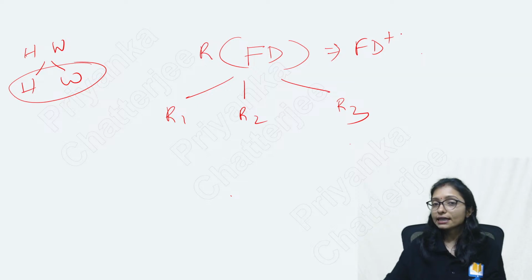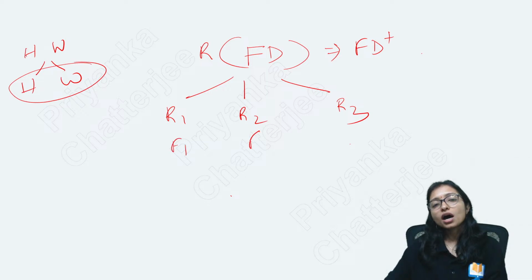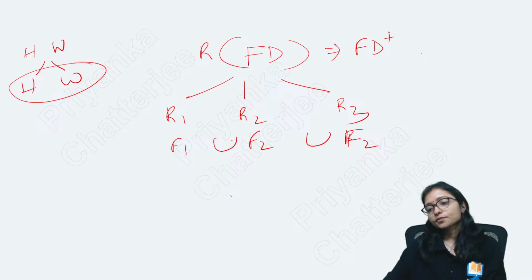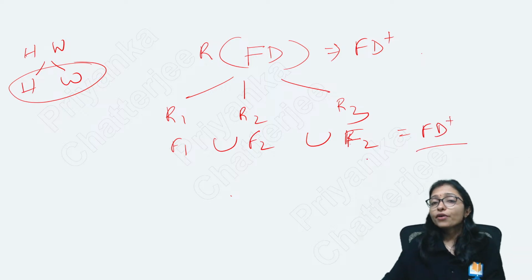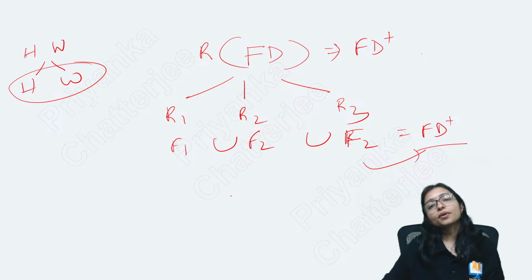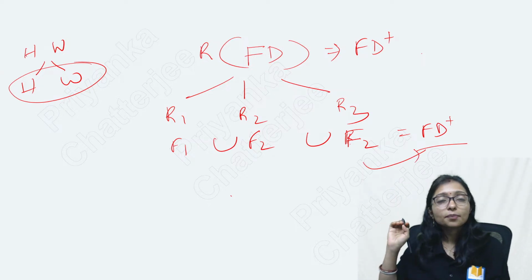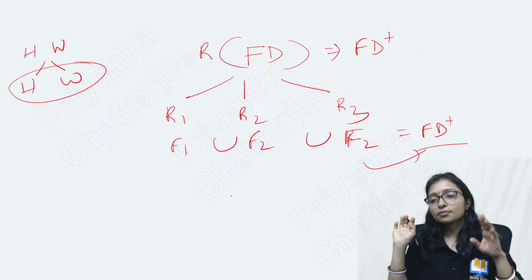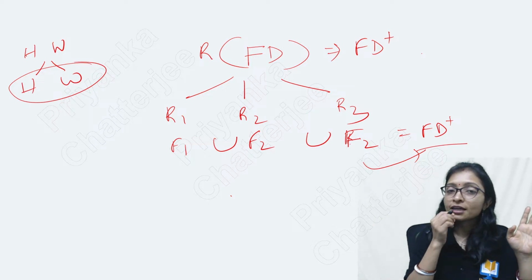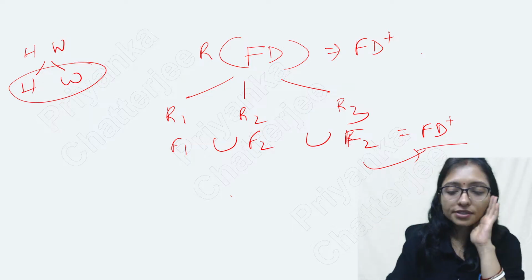Means all the hidden dependencies try to find out by doing the closure. After that divide them in F1, F2 and F3. Then you see that by doing union, am I getting back my original one? If I am getting back my original one, means it is called dependency preserving, as simple as that. If I am getting back, then it is dependency preserving.